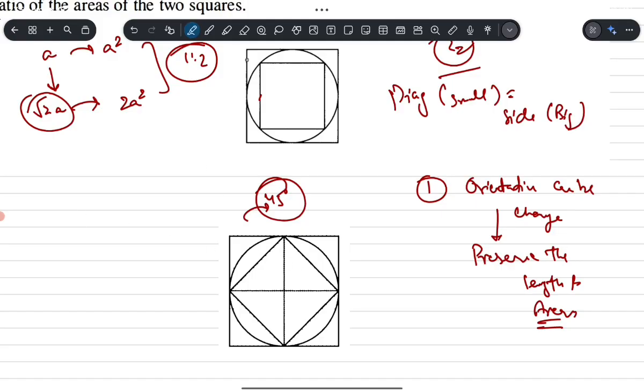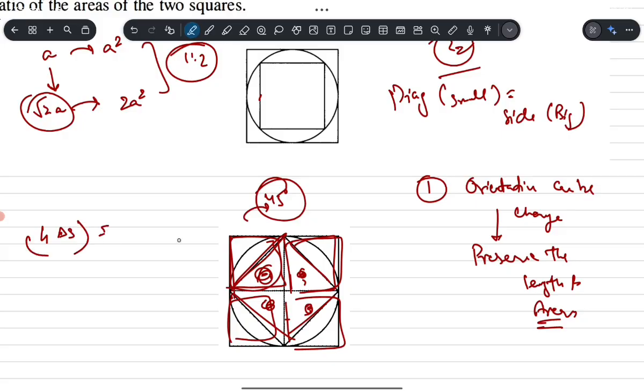Now we have a very interesting thing. We've got 4 small squares, right? And these are acting as the diagonals. We have these triangles. So this triangle is half of the area of the square. This triangle is also half of the area of the second square. Same for this and same for this. If I add these four triangles, it's going to be half of the sum of the 4 squares.